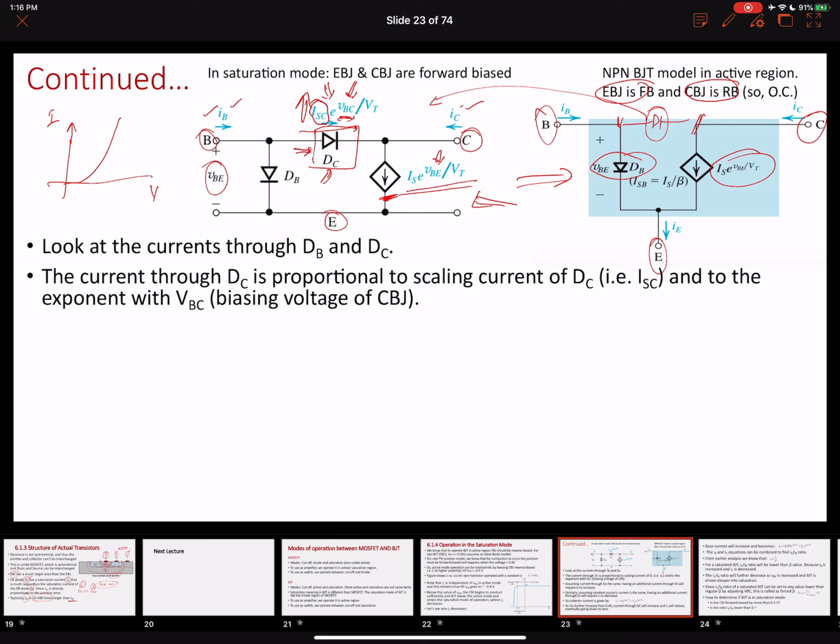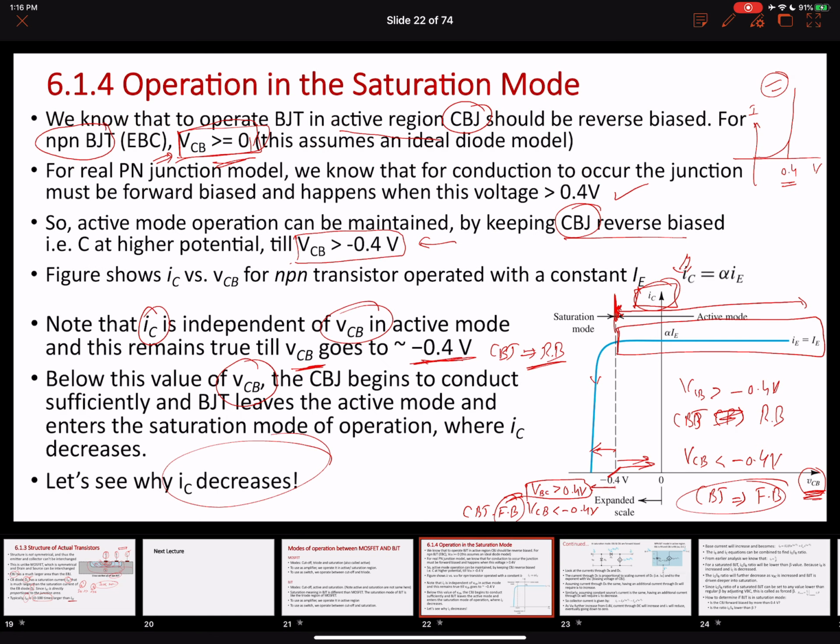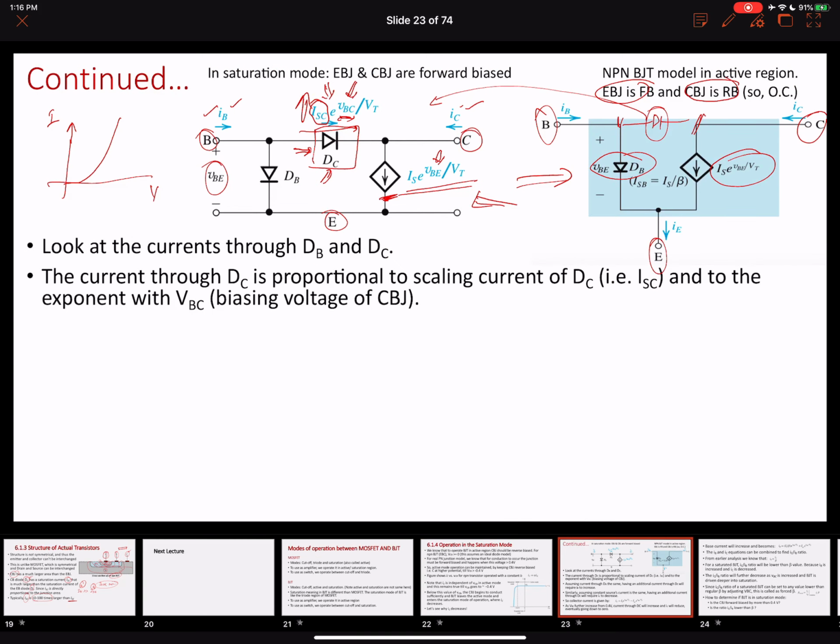All right, now let's assume that our transistor just enters into the saturation mode, right? What is going to happen now? As soon as it starts to enter the saturation mode, this diode appears here.